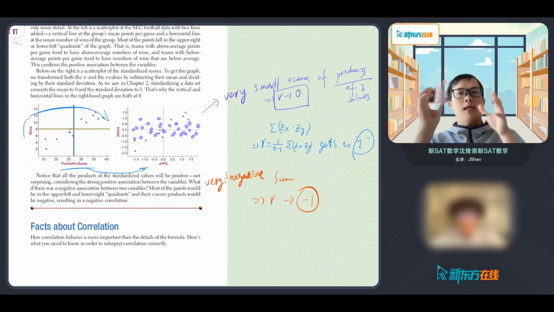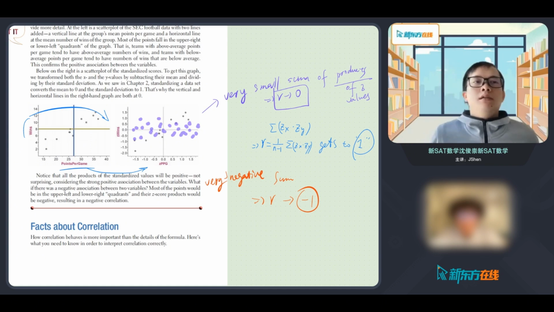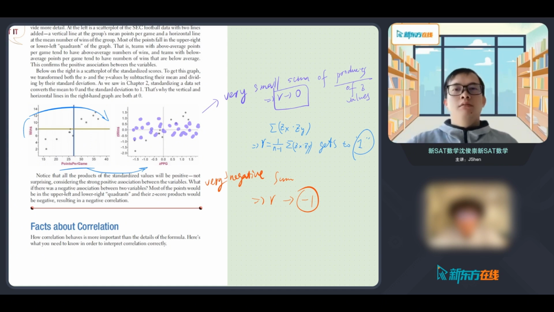Conceptually, I want you to have a better understanding of why an R value closer to 1 or -1 indicates a strong linear correlation, and an R value close to 0 indicates a weak correlation. And you can do other things as well.